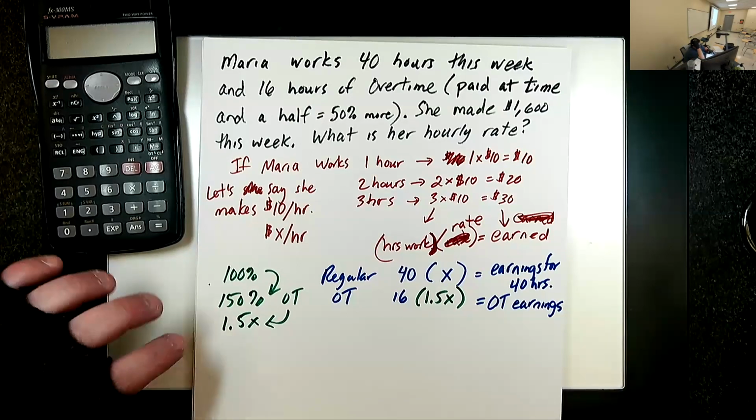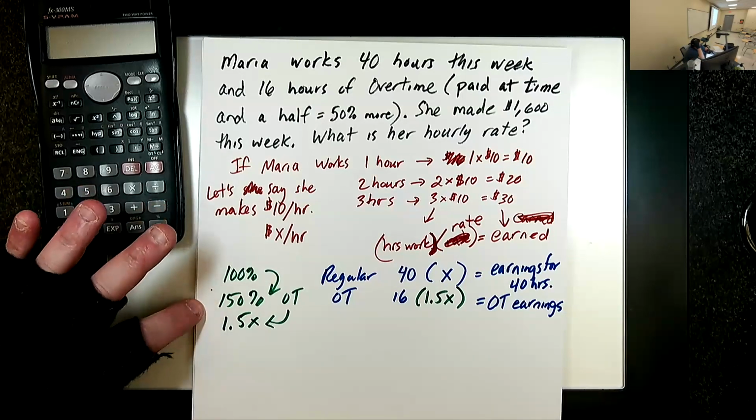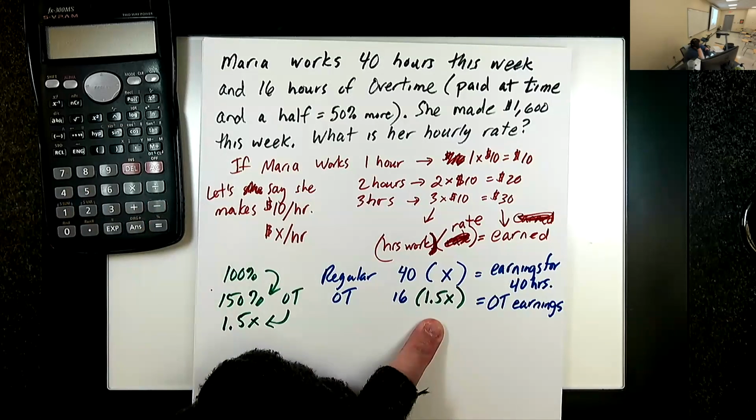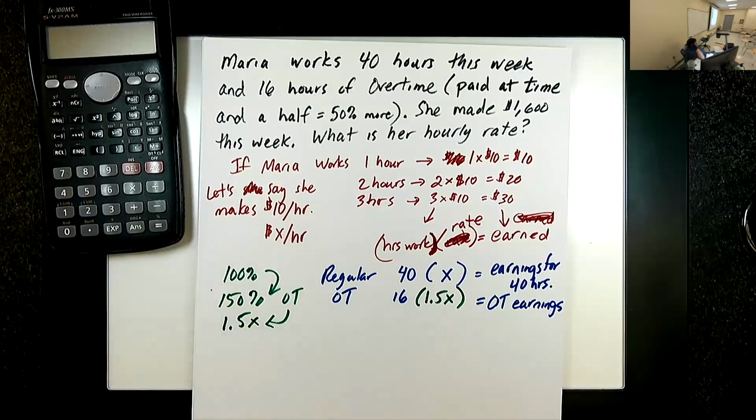Like if she made $10 an hour, 50% more would be $15 an hour, and it would still go in there. But since I don't know what she makes, I can't just increase it by 50%. I have to do the equivalent of something like this. If I knew what she'd made, I'd just do the increase and I wouldn't write 1.5 times. But when I don't know, I'm stuck doing that.